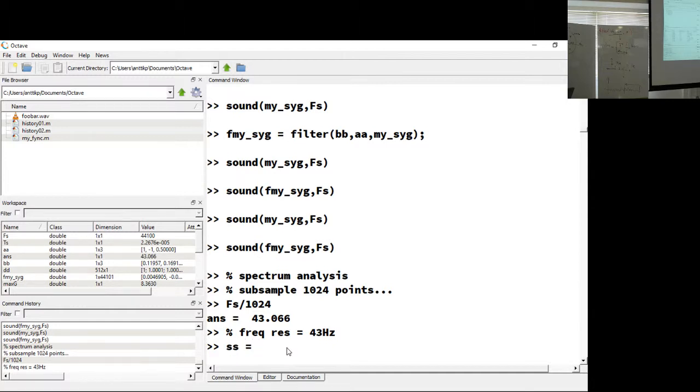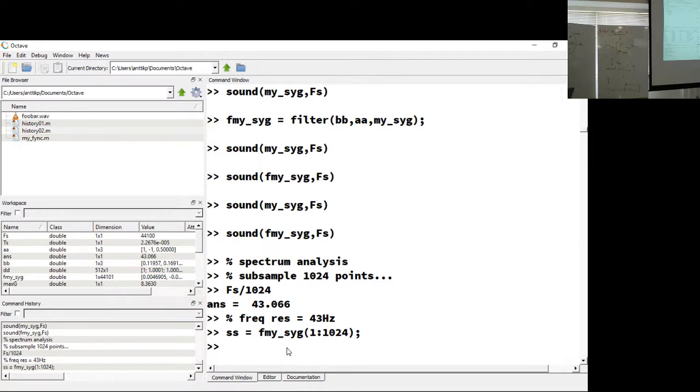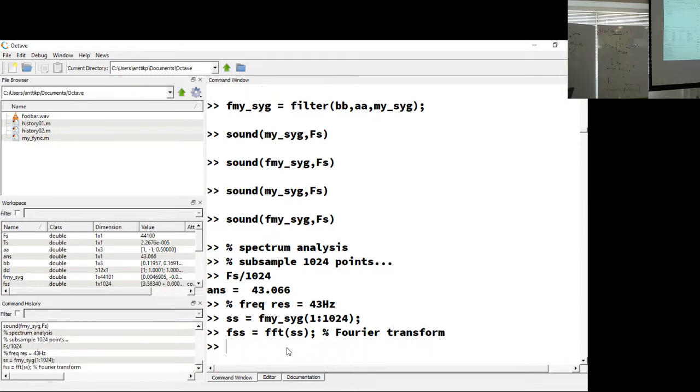I take the subsample now, which was y sig, 1 to 1024. Those are the first values. You need to figure out yourself how to calculate the last values, but the following would be the same. You first do the Fourier transformation, so that's the Fourier transformation using FFT.